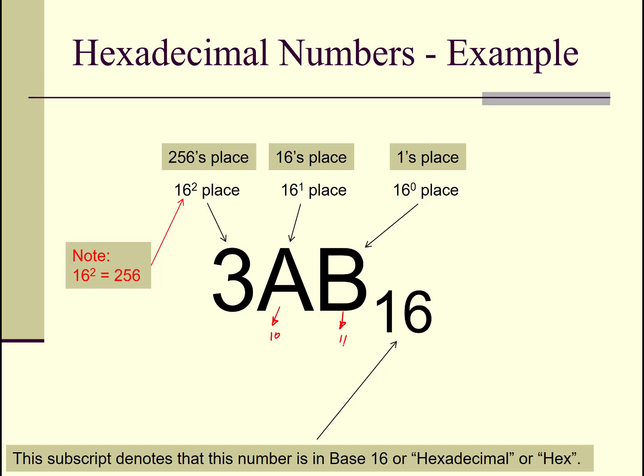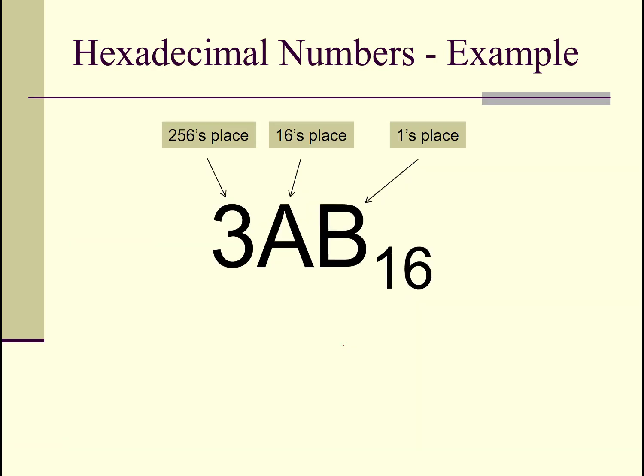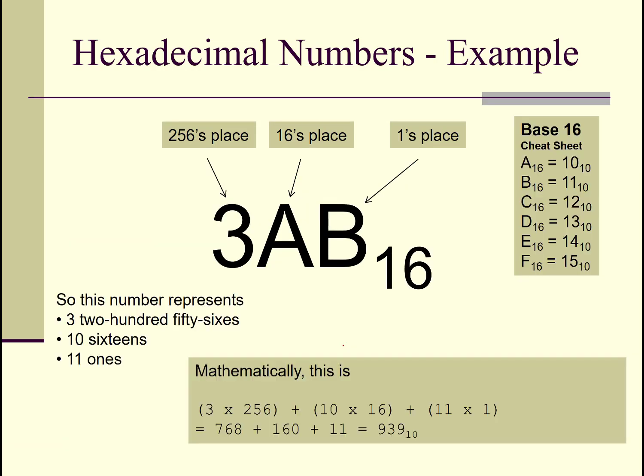And then to find the decimal representation of this number, you will do the same thing, right? You multiply 3 by 256, and then 10 by 16, and then 11 by 1, and finally get the decimal representation, which is 939 base 10.